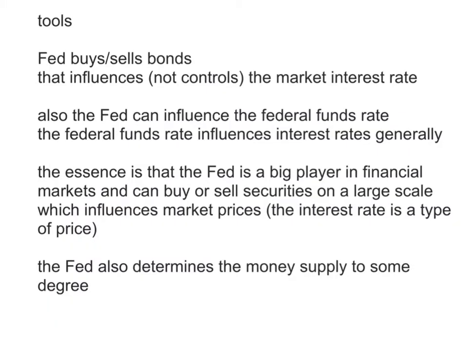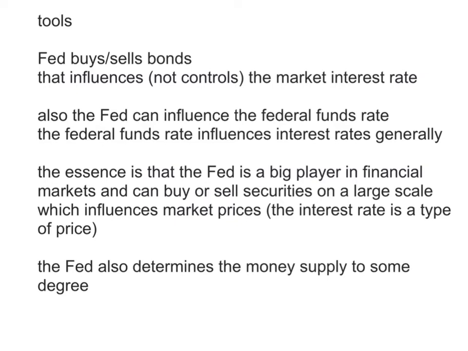The Fed can affect the general interest rate in a general way whenever it buys or sells bonds, in particular US Treasury bonds. If the Fed buys US Treasury bonds on a large scale, that drives the price of Treasury bonds up. That's the demand and supply model idea.